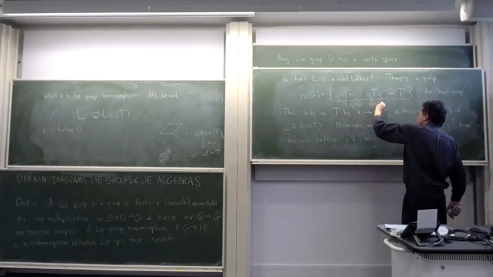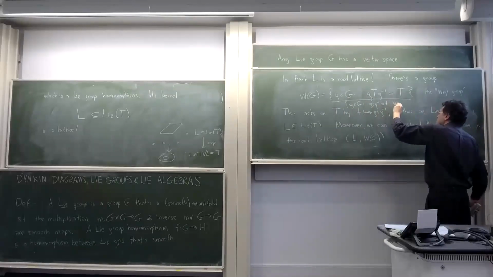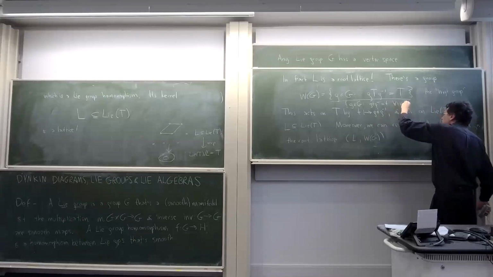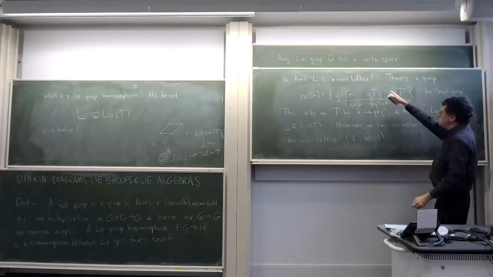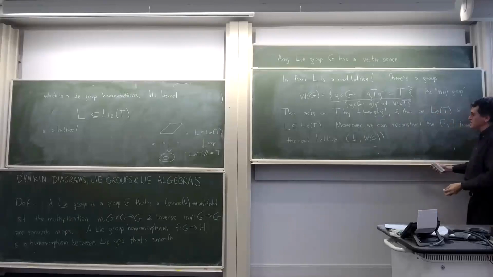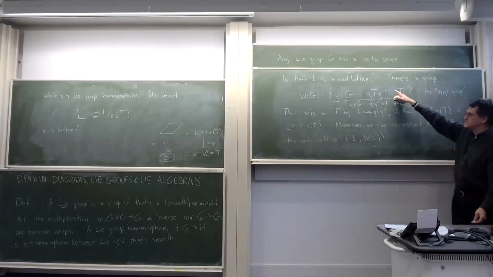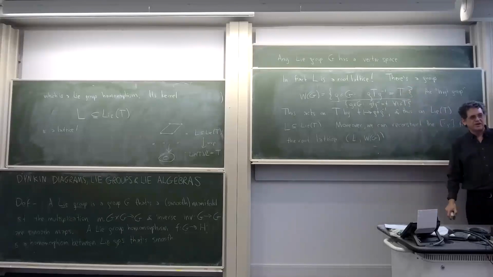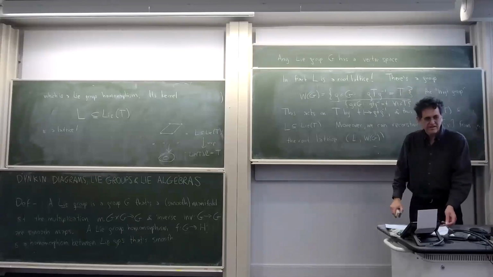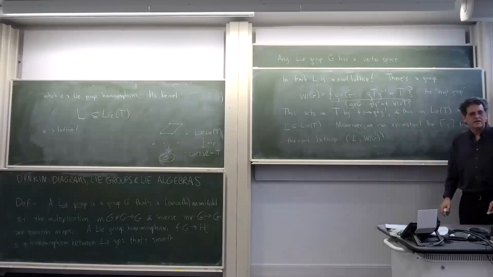Yeah, so this is too big. It includes the torus, for example. So if you mod out by that centralizer, this is like the normalizer mod the centralizer. Thanks.